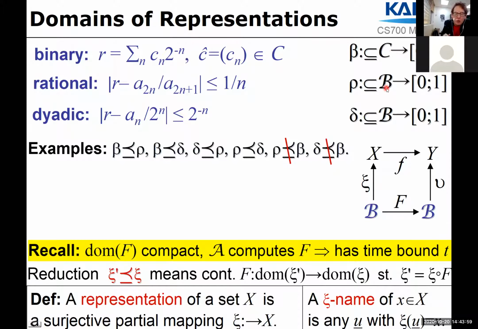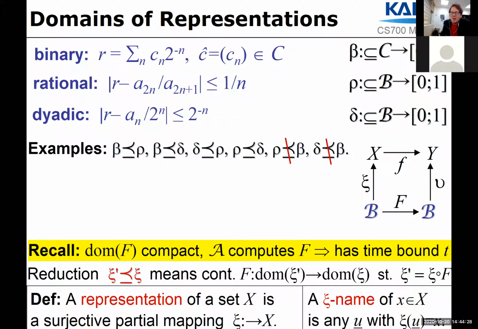Baire space is a complete metric space. Cantor space is compact, but Baire space, as you recall, is not compact. Here we consider representations of the real unit interval, which is compact, whereas we can extend that to representations of the entire real line, but the real line is not compact. It's also a complete metric space, but not compact.